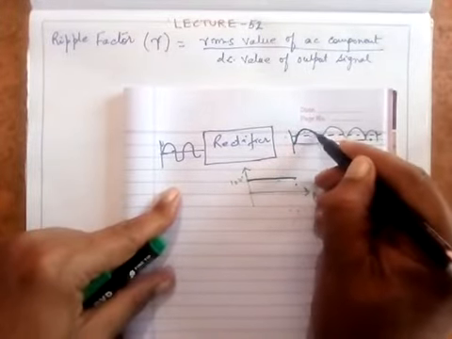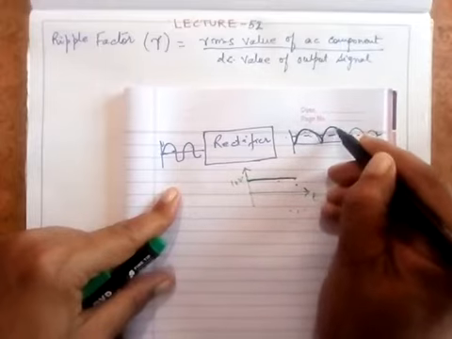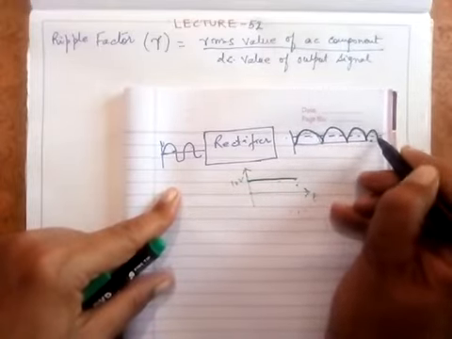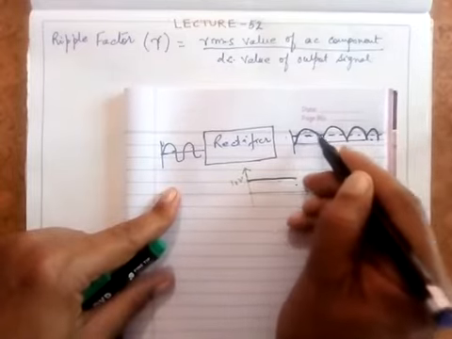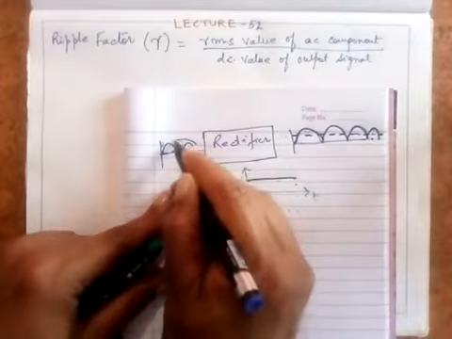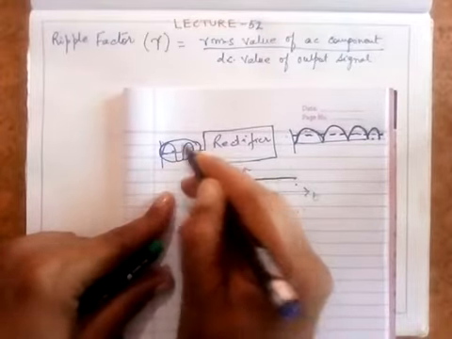Now the output signal which you obtain here is the pulsating DC. It can be considered as a vector sum of the DC which you obtain and the AC which is supplied.